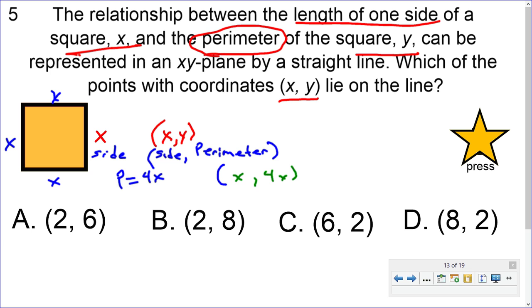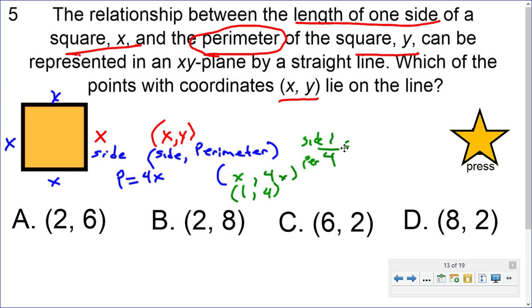So there's a ratio of 1 to 4, where I have my side and my perimeter, and I'm looking for which one of these points would be that same ratio.